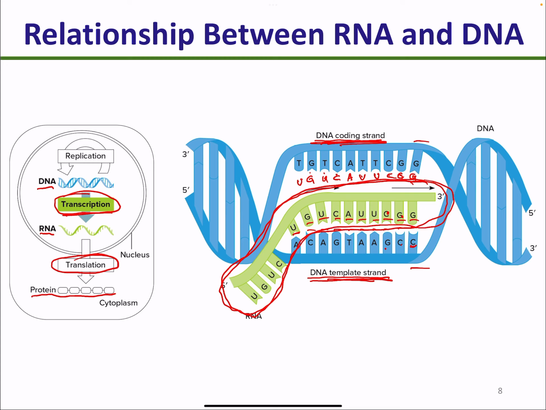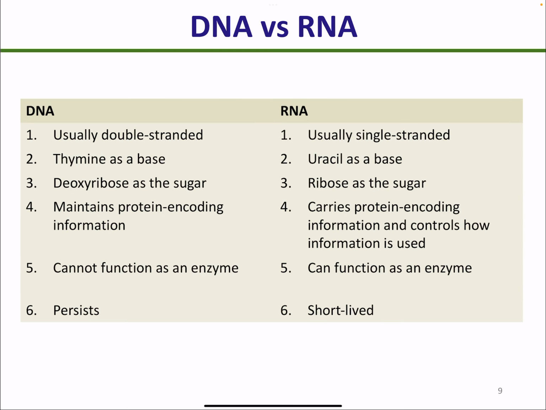And now we can ask, what are the different kinds of RNA molecules that exist, right? So, before we dive into that, let's first compare DNA and RNA. DNA is usually a double-stranded molecule.